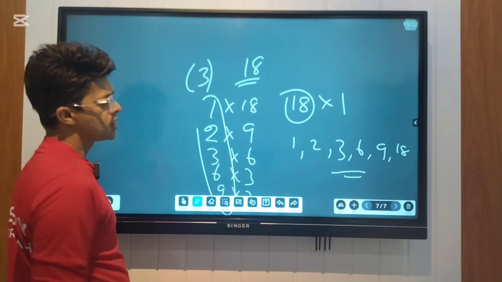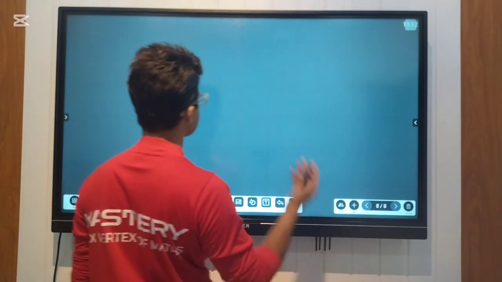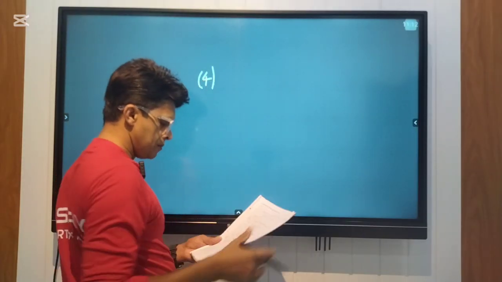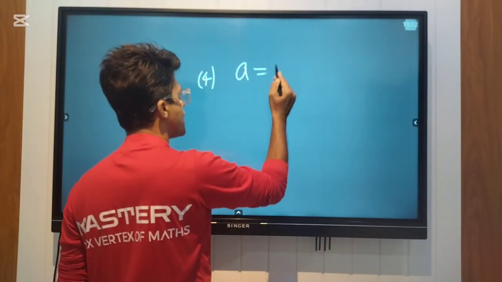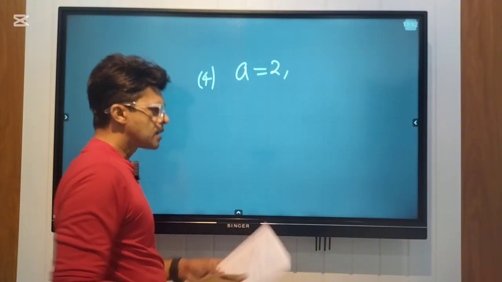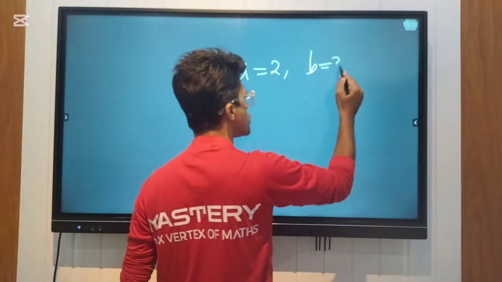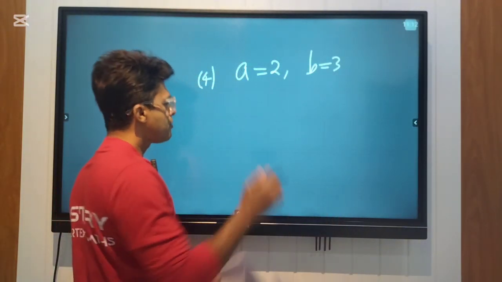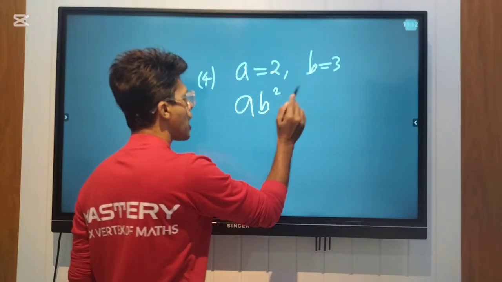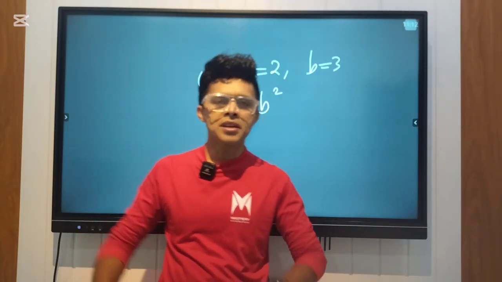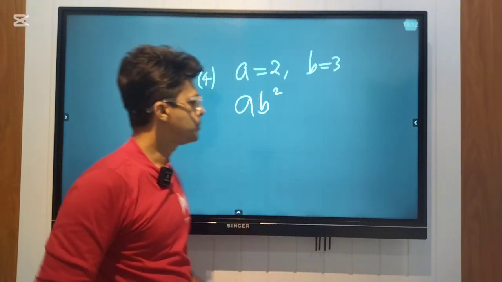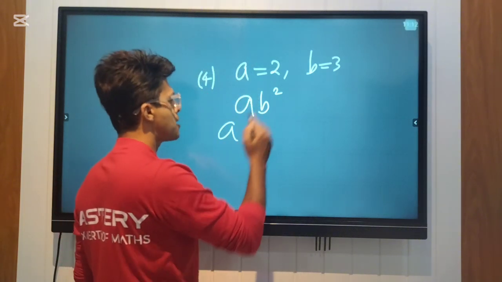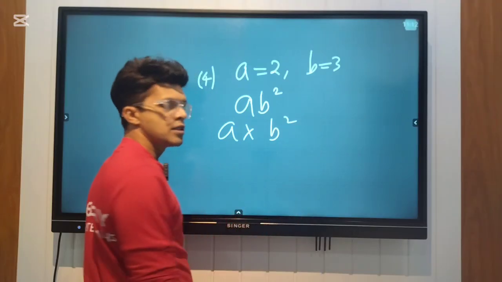Fourth question: it is given that A equals 2 and B equals 3, you should find the value of A B square. AB square means, you cannot see multiplication here, but between A and B, multiplication is implied, right?